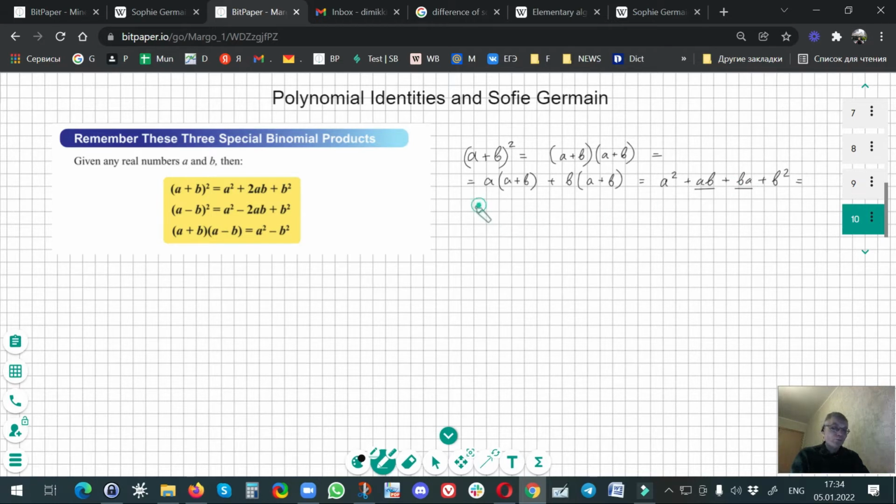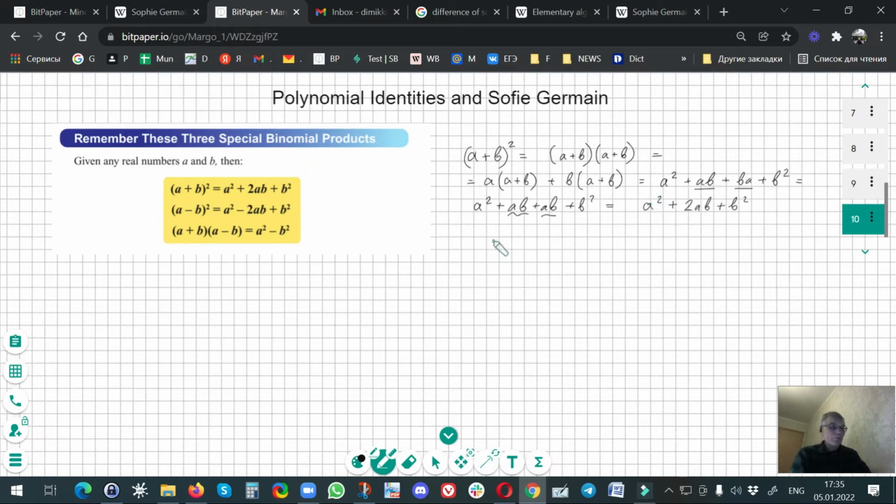So what we have here is a squared plus ab plus another ab plus b squared. And finally we can reduce the expression by adding together all like terms. This is the final result: a squared plus 2ab plus b squared.